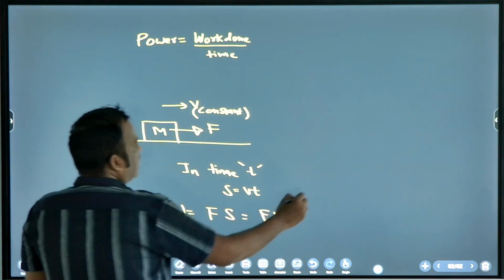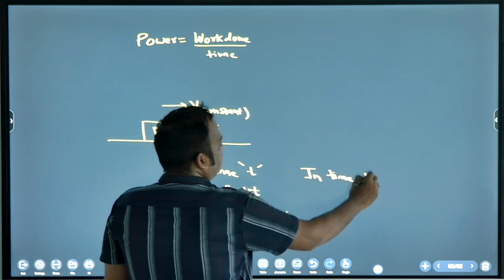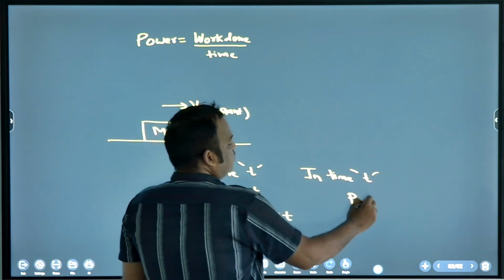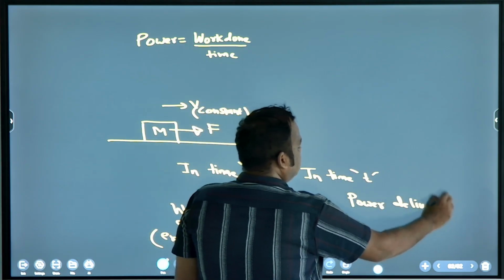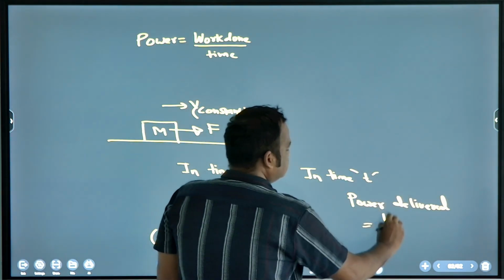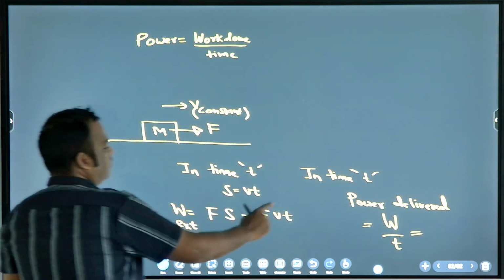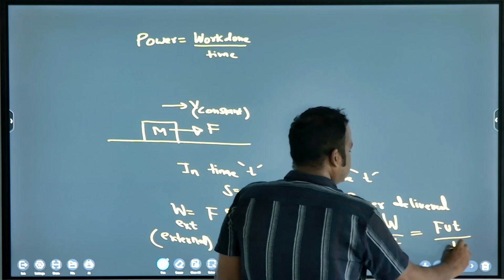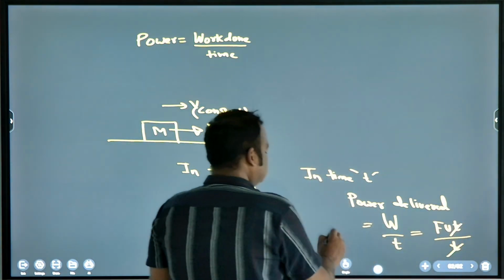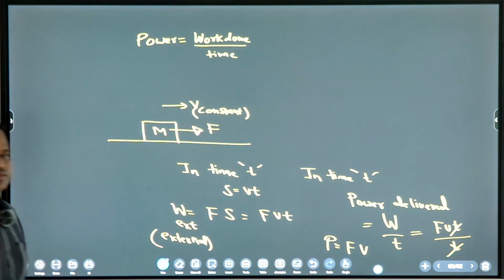So in time t, how much is power delivered? Power delivered is equal to work done by time. So how much is work done? FVT, and time is t. T cancels. So power is equal to FV. Okay, note down.